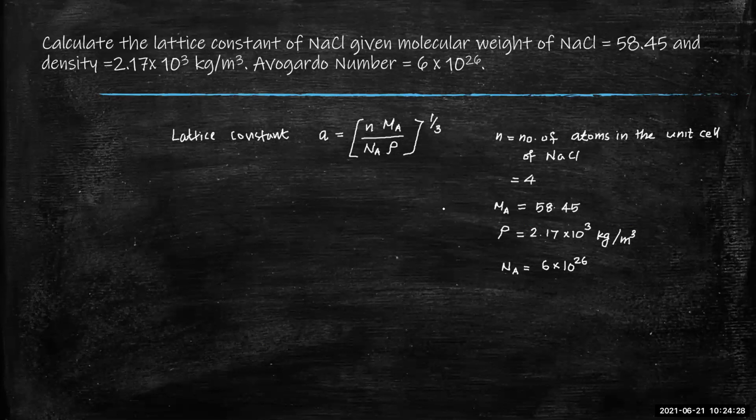So when we substitute these quantities, we have A is equal to the number of atoms in the unit cell, small n is equal to 4, that into 58.45 divided by 6 into 10 raised to 26 into 2.17 into 10 raised to 3, whole raised to 1 by 3.